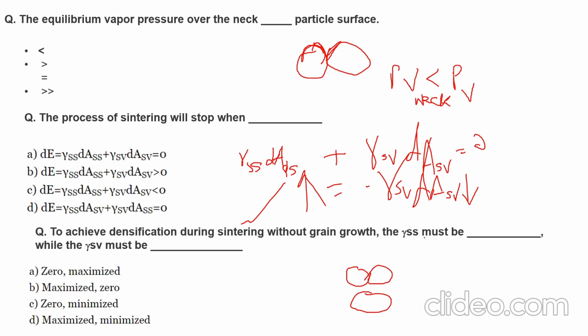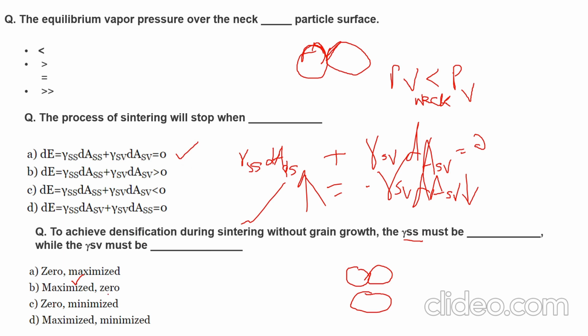So what should be the value of the surface energy between the solids, while the surface energy of your vapor must be what? You should allow the solid surface energy to be maximum. If it is maximum, then you will not allow the surface to coarsen or grow, while the surface energy of your solid vapor must be minimized.